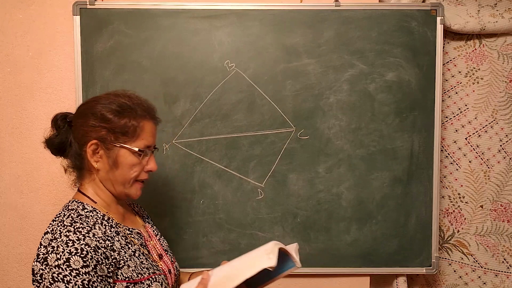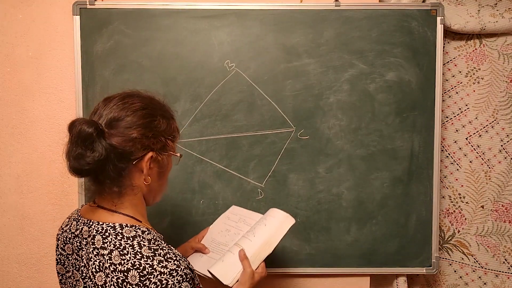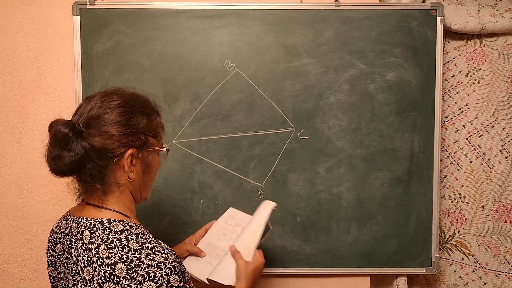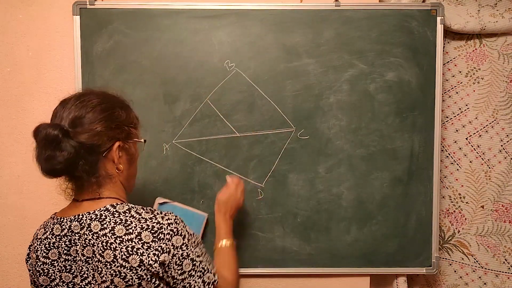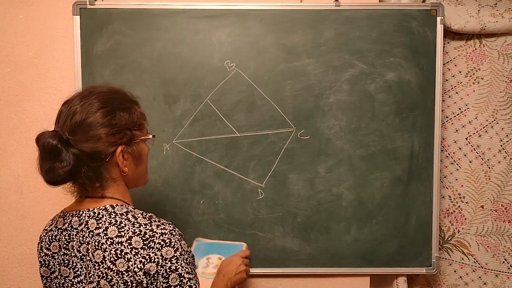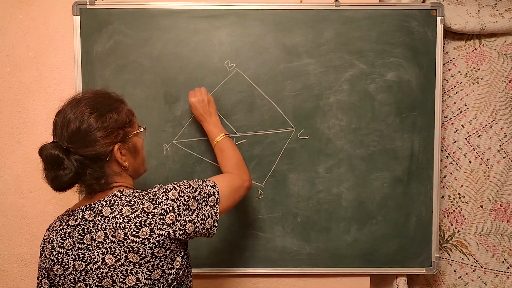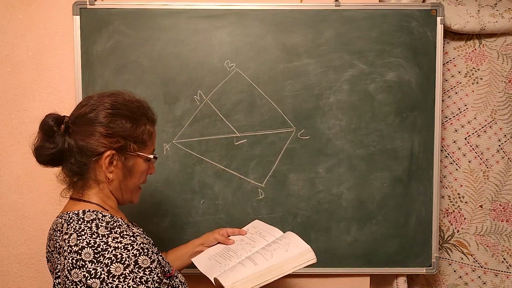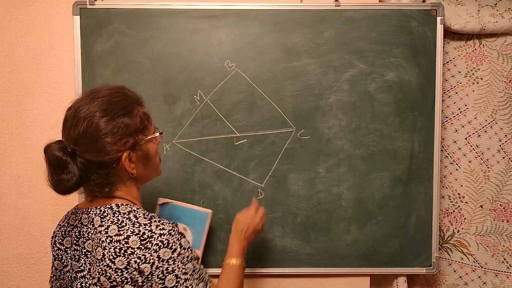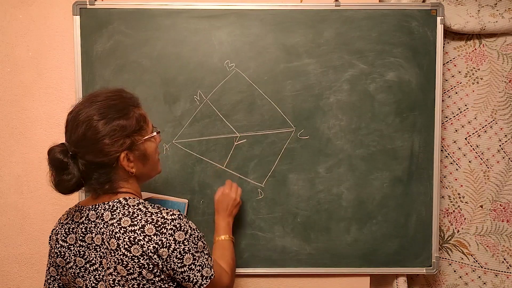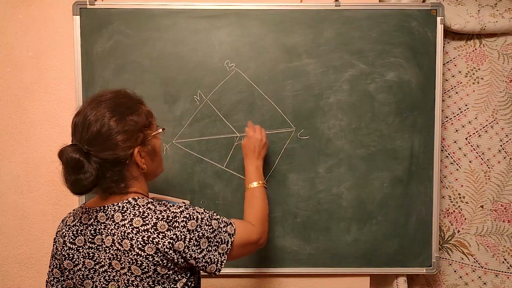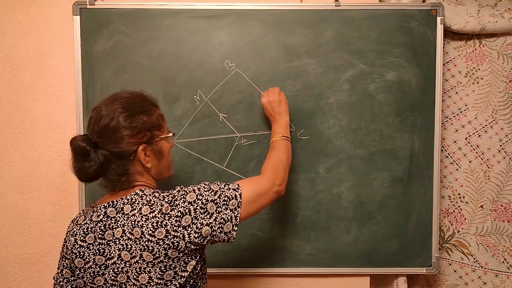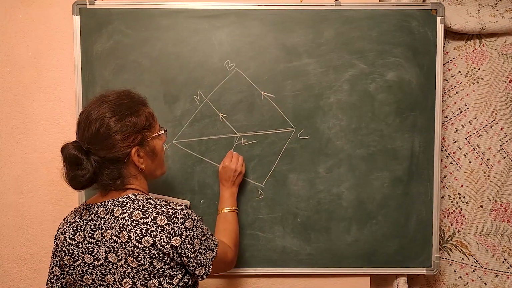They've given the figure, LM is parallel to CB, and LN parallel to CD. So this is L. This is parallel to this and this is parallel.